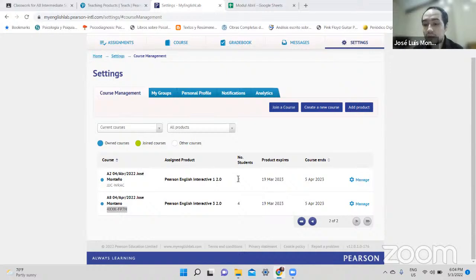You should be able to see the product. Open the product, go to settings, go to join a course, and then you have to copy and paste that ID, and you should be able to join the course. Let me know, please, if you have any questions about that, Paola, so that we can work on that now.